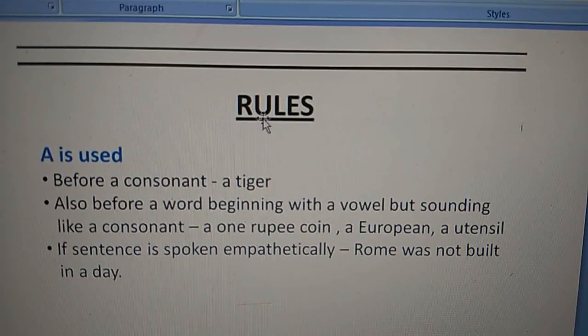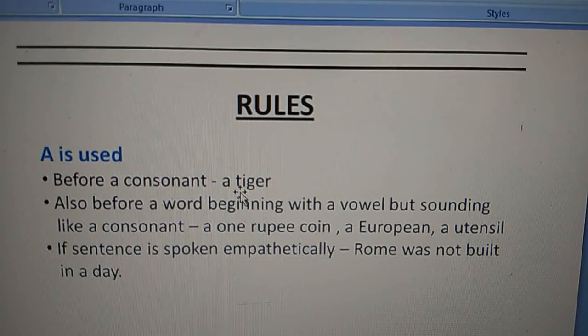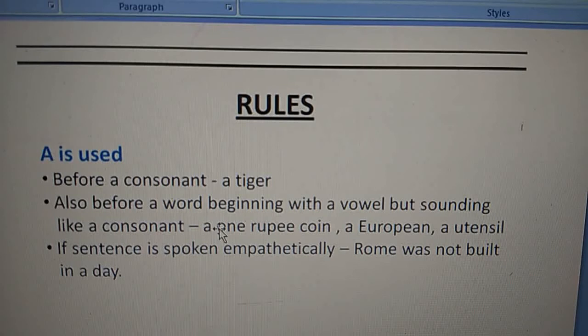Now let's see the rules for using a. A is used before a consonant, example a tiger. Also, before a word beginning with a vowel but sounding like a consonant: a 1 rupee coin, a European, a utensil.